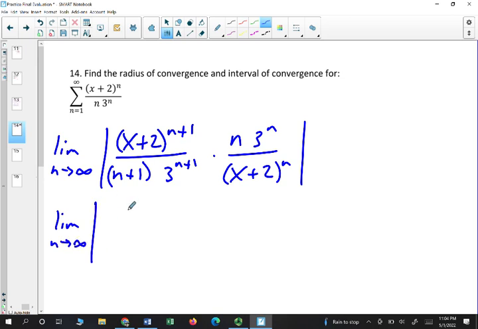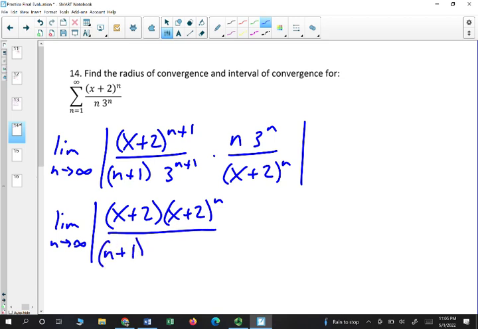Okay, here we split it apart. X plus 2 times x plus 2 to the n, n plus 1, and then this will be times 3 times 3 to the n.